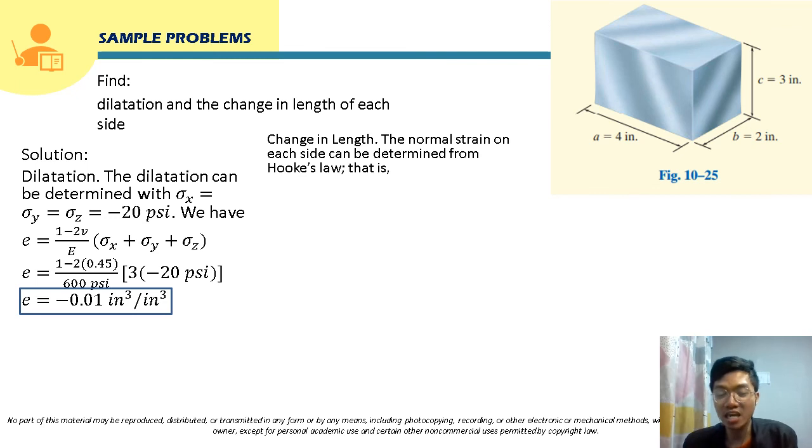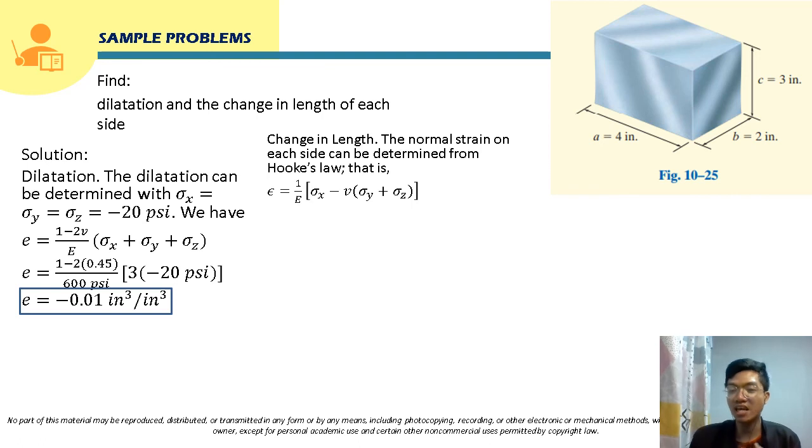So all the strains in all directions will also be equal. The strain in the x direction will be equal to the strain in the y direction and in the z direction. So for all the strains in all directions, this will just be equal to 1 over E times sigma x minus V times sigma y plus sigma z.